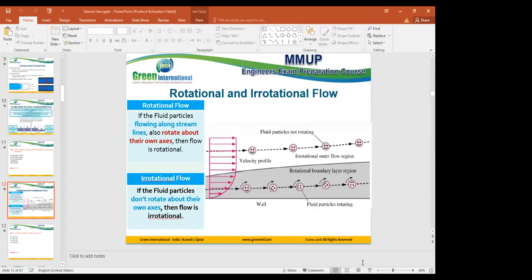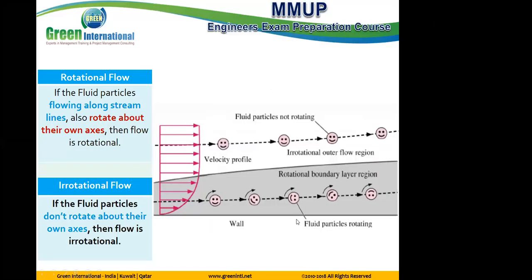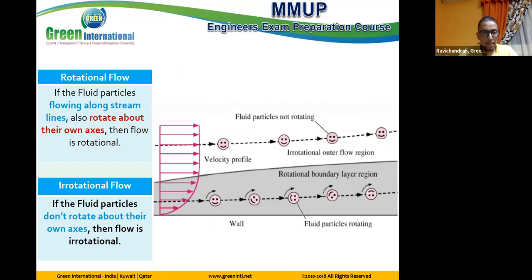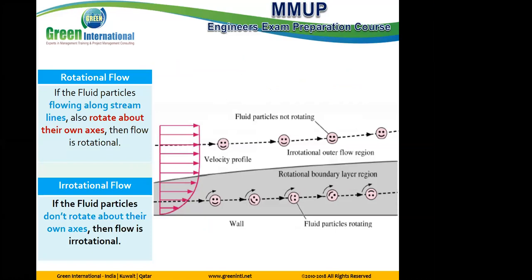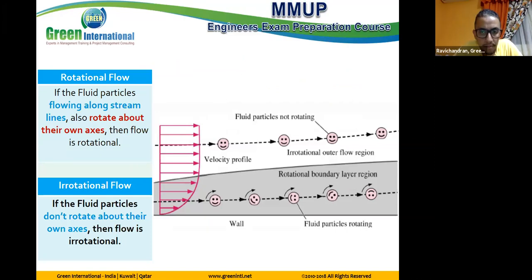I have a question. Can turbulence and rotational flow exist at the same time? Turbulent and irrotational, or turbulent and rotational? I think both can happen together: turbulent with rotational and turbulent with irrotational.